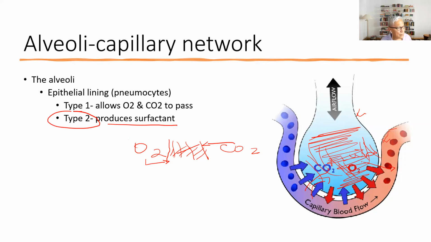Okay, so we had already talked about what happens to the type 1 cells. They're now going to be overcome, and therefore oxygen and carbon dioxide can no longer pass or exchange. So difficulty in exchanging O2 and carbon dioxide.